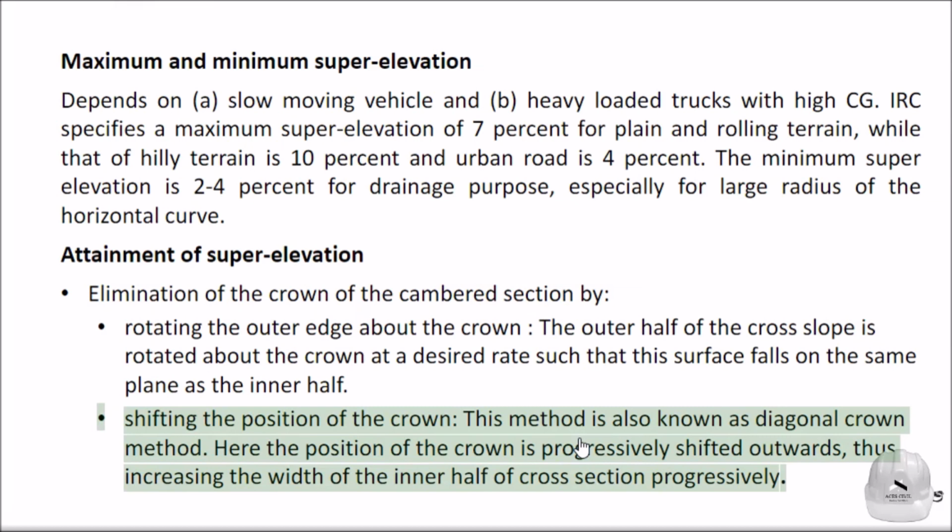Shifting the position of the crown. This method is also known as diagonal crown method. Here the position of the crown is progressively shifted outwards, thus increasing the width of the inner half of cross-section progressively.